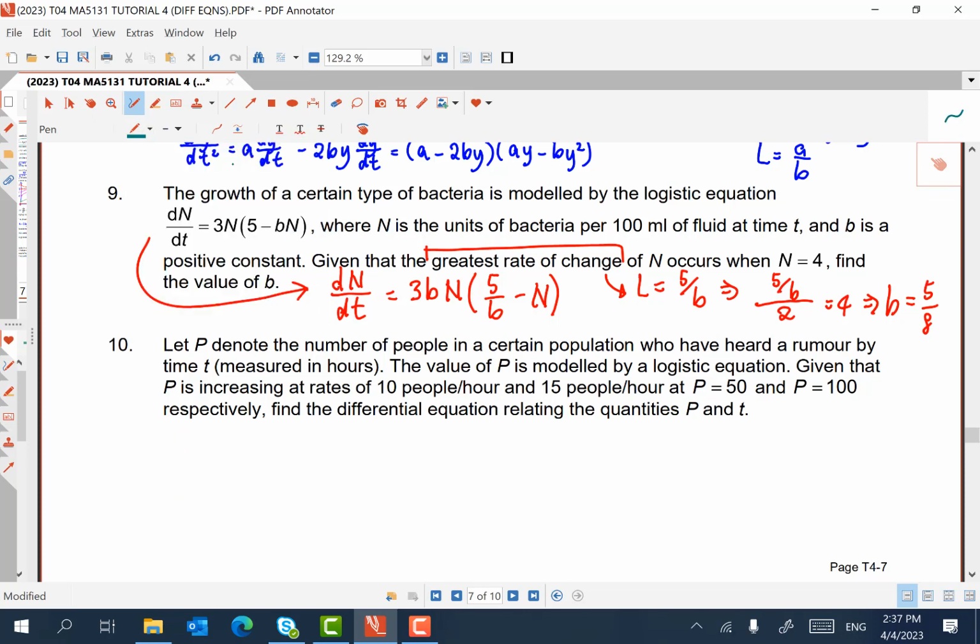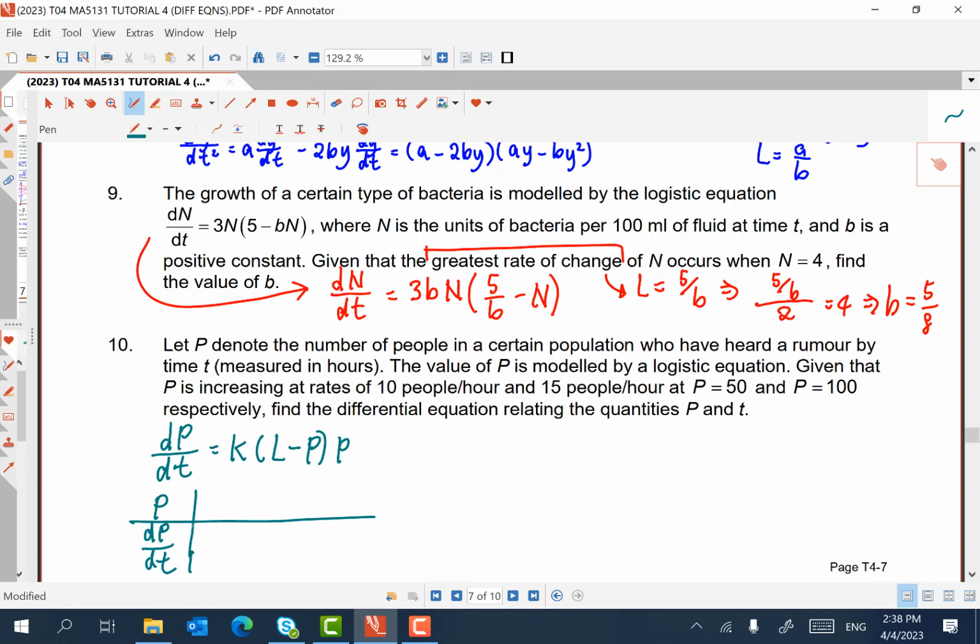So I can say that therefore dP/dt is equal to k times (L minus P) times P. Then you're given two scenarios, a P value and a dP/dt value.